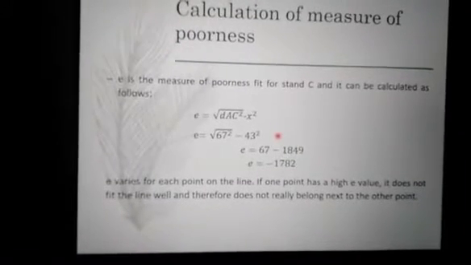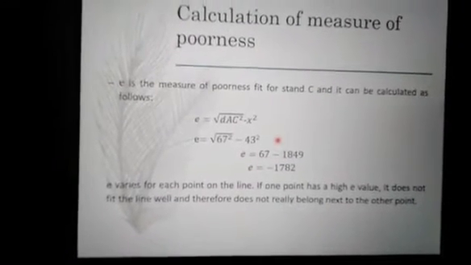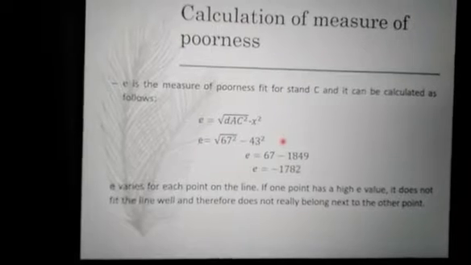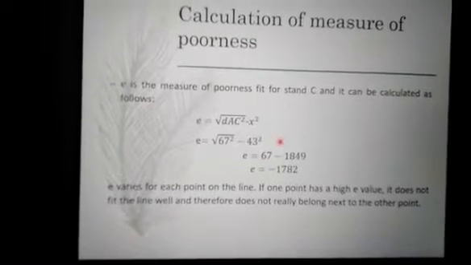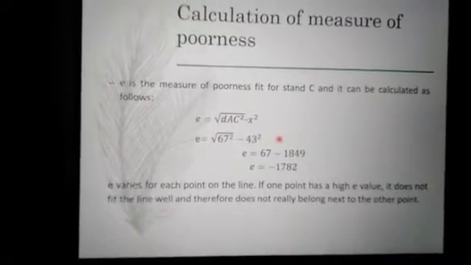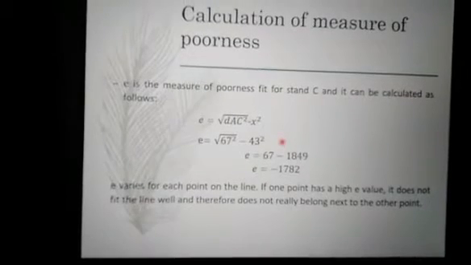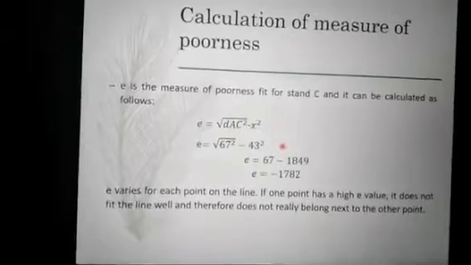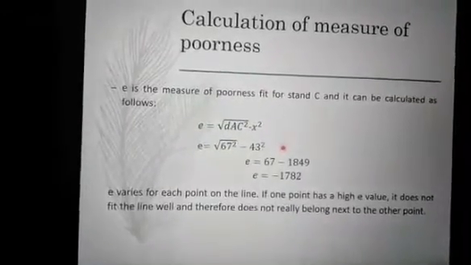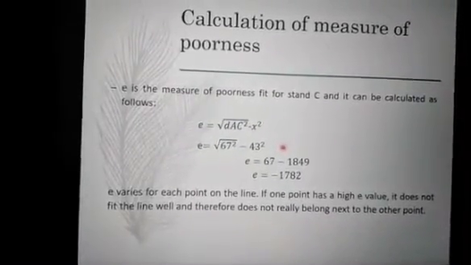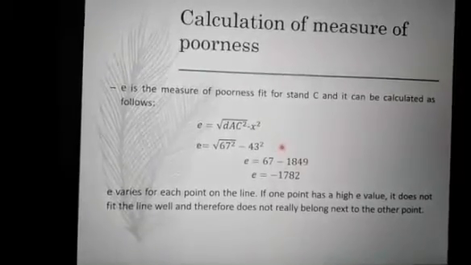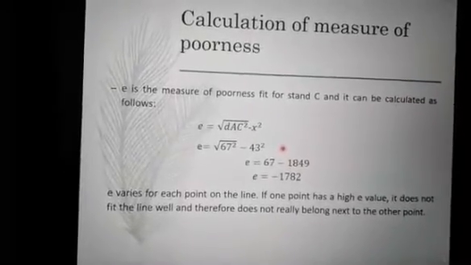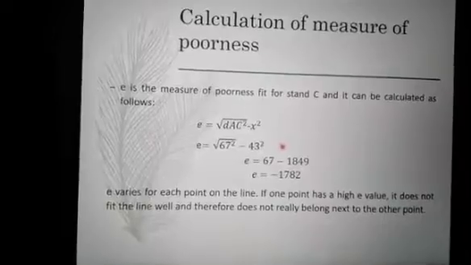E will then vary for each point on the line. If one point has a high E value, it does not fit the line well, and therefore does not really belong next to the other points.